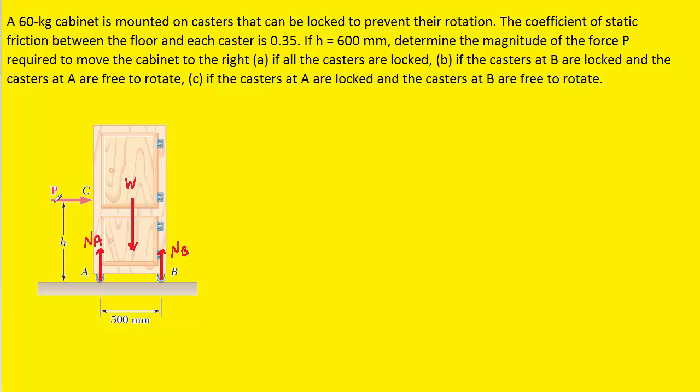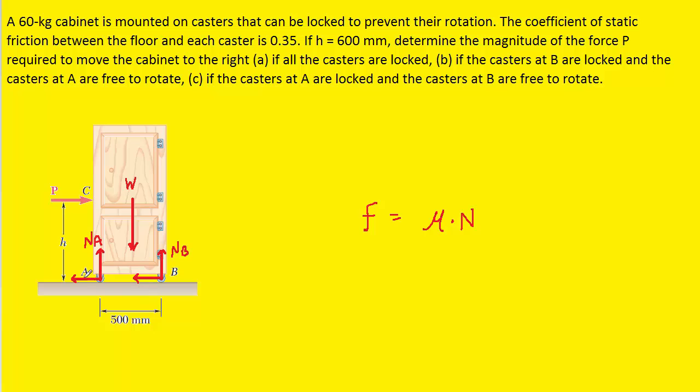Now, since this pushing force is directed to the right and the casters are locked, there's going to be an oppositely directed force pointing to the left, which is basically resisting that pushing force. So we're going to label a force acting to the left over at A and also a force pointing to the left over here at B. And those forces are essentially frictional forces, and we recall that a frictional force is equal to a coefficient of friction multiplied by a normal force.